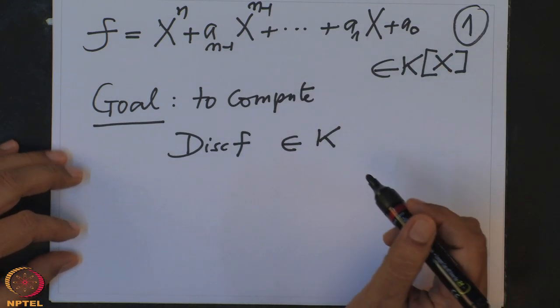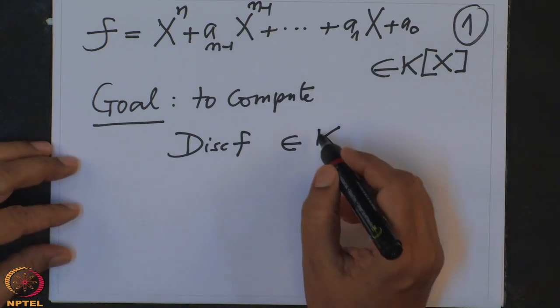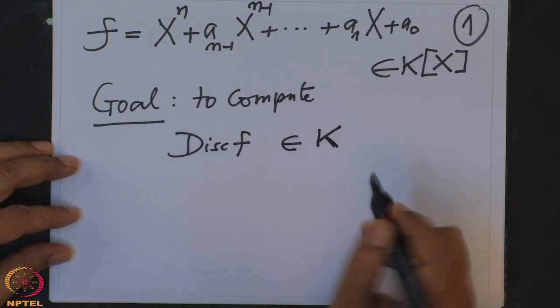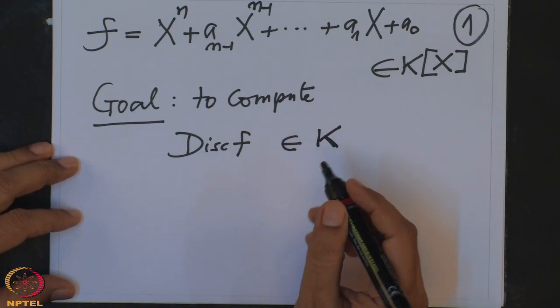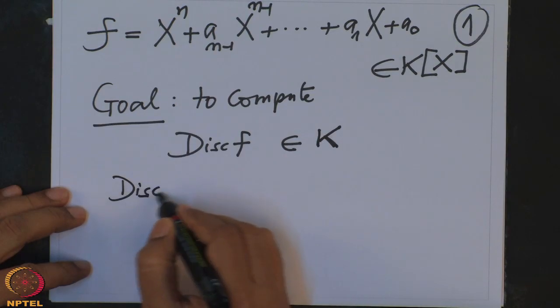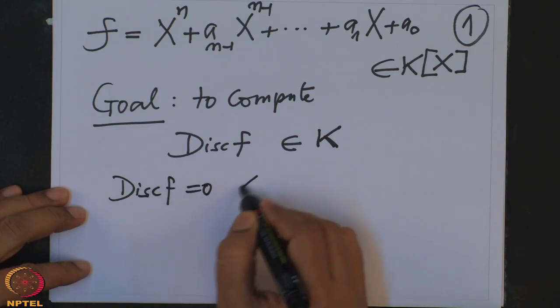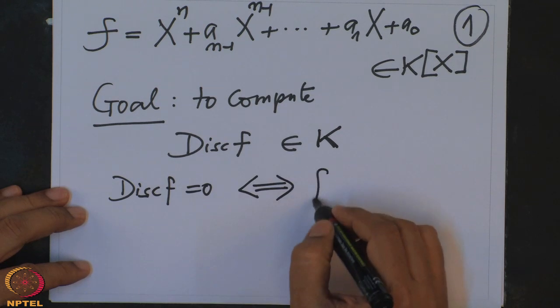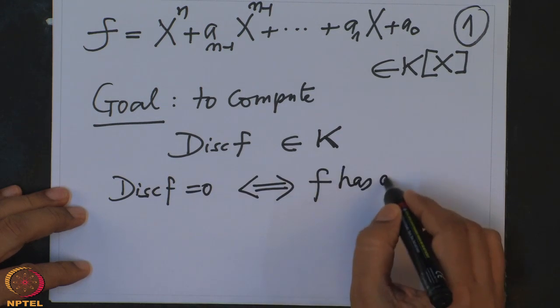Therefore that's how we have concluded that it is in K. So we want to compute this constant, and we know this discriminant is 0 if and only if f has a multiple zero.